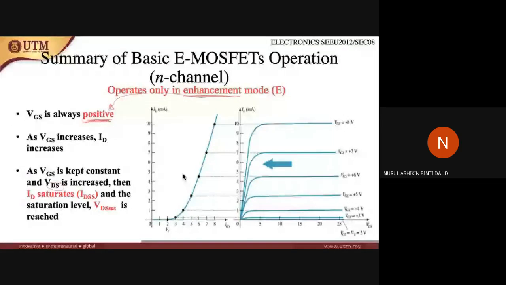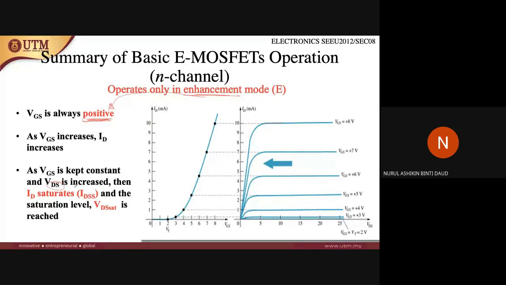When VGS is kept constant and VDS is increased, then ID will saturate, and there will be no more increase of current at the drain. The saturation level is reached, and once the current is saturated, the voltage between the drain and source also will saturate.